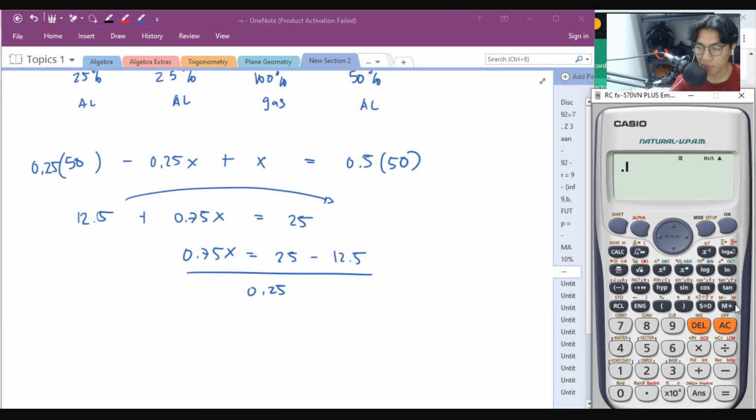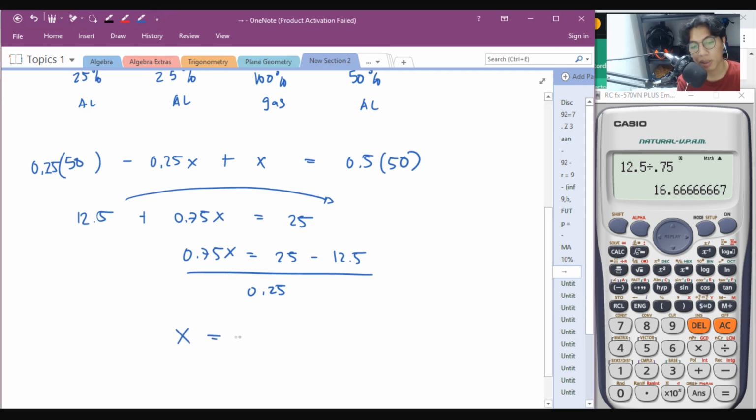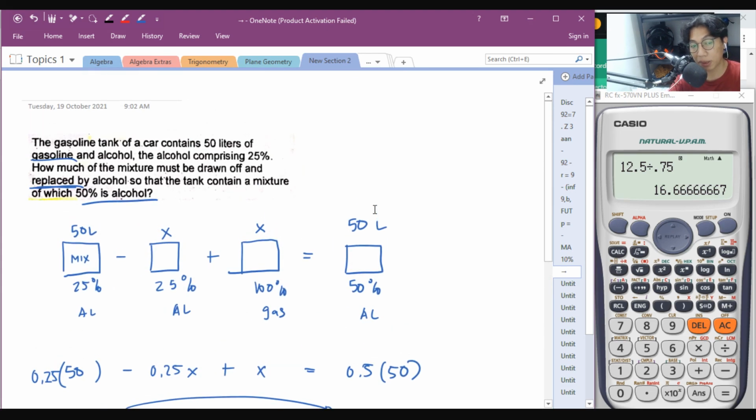So, 12.5 divided by 0.75. The answer will be 16.67 liters ang kailangan kong tanggalin. 16.67 liters must be drawn off from the system para mag-yield ako ng 50% alcohol in the mixture.